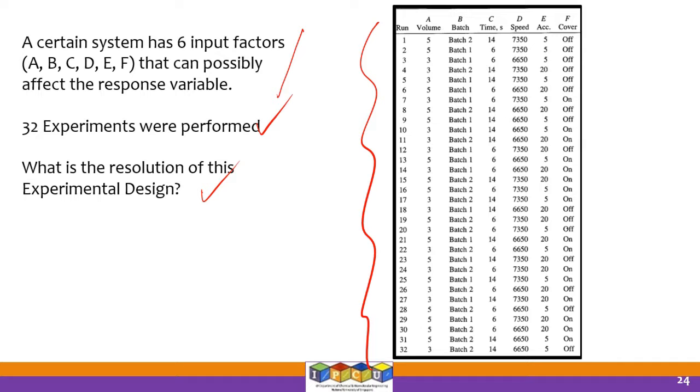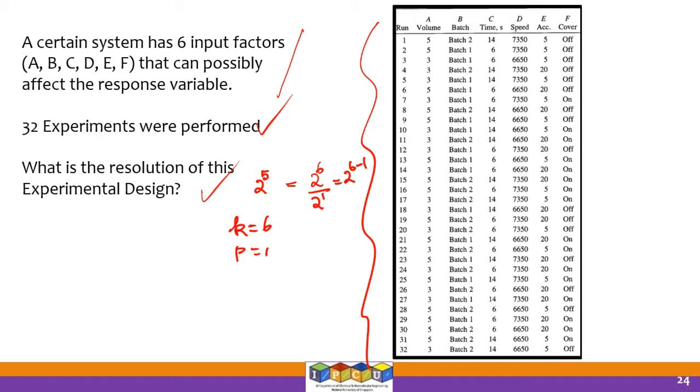The number of experiments is 2 to the power of 5, because 2 to the power of 5 is 32. If you do a full experimental design, you would have 2 to the power of 6 experiments, which is 64. So what has happened here is K is equal to 6, P is equal to 1, because 2 to the power of 5 is 2 to the power of 6 divided by 2 to the power of 1. So this is going to be 2 to the power of 6 minus 1.